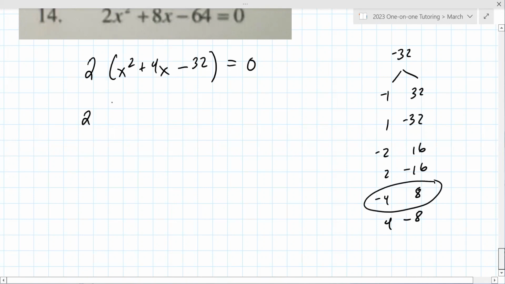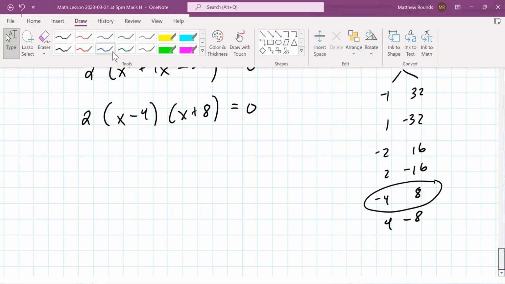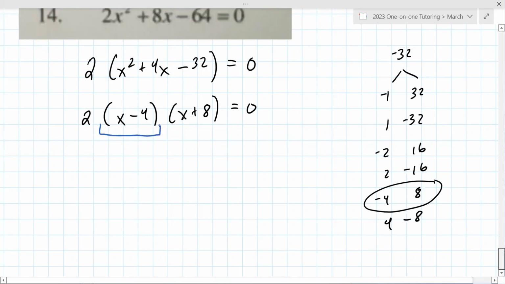So you factor x minus 4, x plus 8 equals 0. I mentioned this earlier: you set the x terms equal to 0. What I've bracketed in here, and this also, those are x terms. The 2 is not an x term because there's no x. Do you see that there's no x?